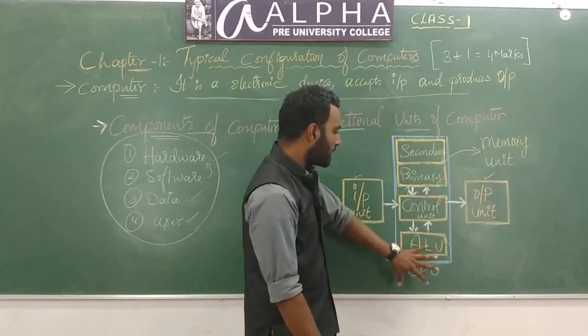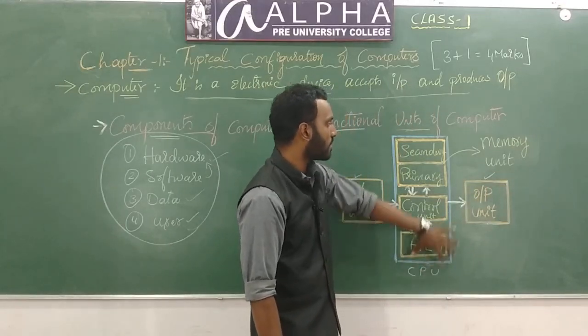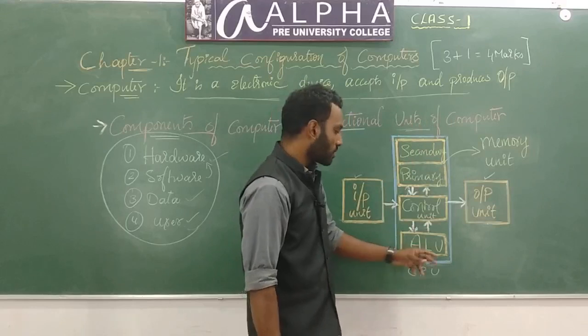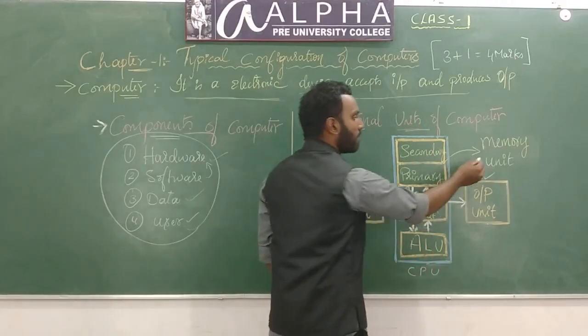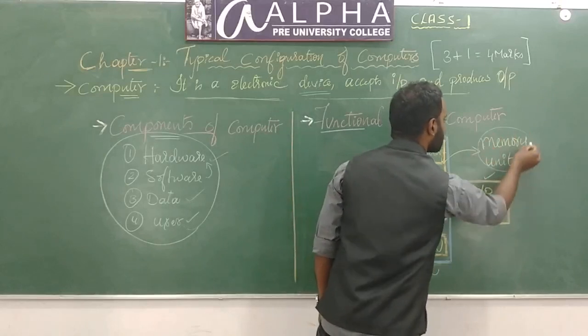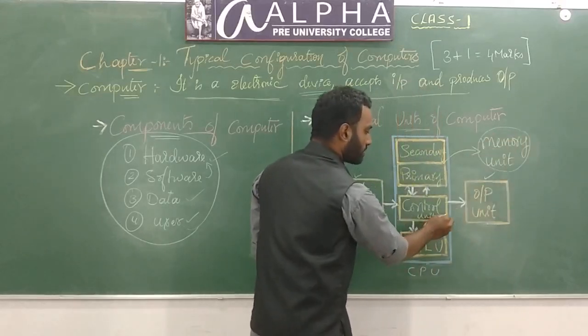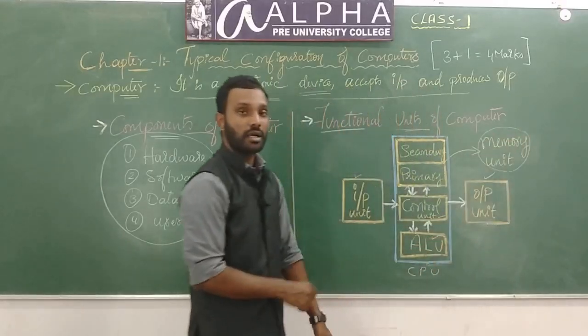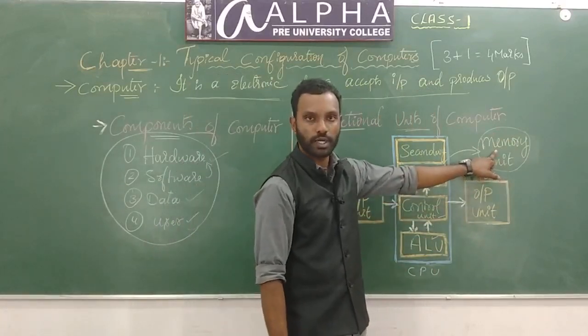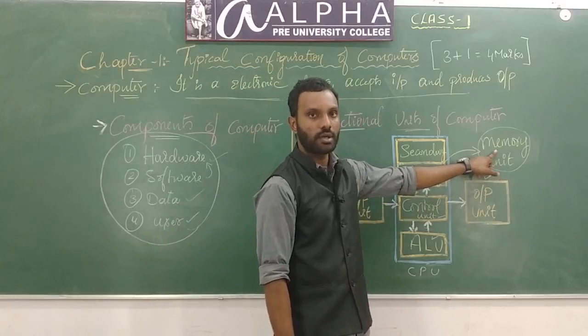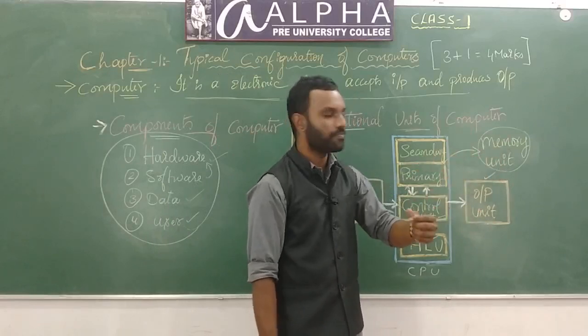And again, CPU is the main thing. This CPU comprises subunits: memory unit, control unit, and arithmetic and logical unit. Memory unit is used to store data, information, or a particular program.